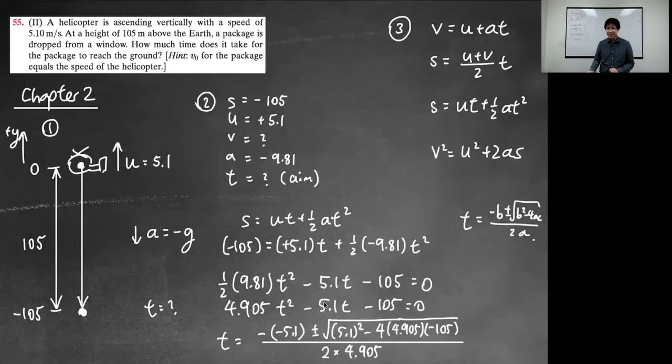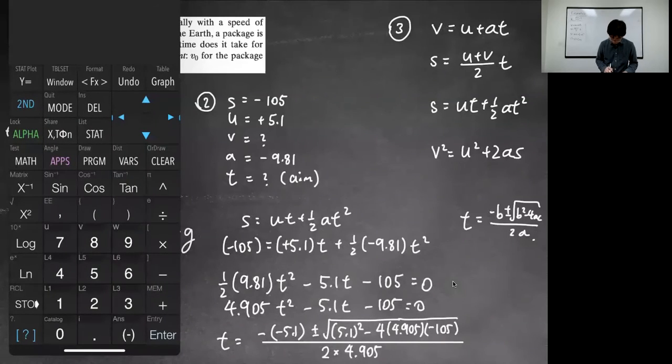All right, so this is a, b, c, right? So c is minus 105, b is minus 5.1, and then a. Just be careful of any double negatives. Those are potential areas of mistakes. All right, so now let's just plug all this in the calculator. So here I have minus, so I'll just do 5.1. We'll do plus and minus separately.